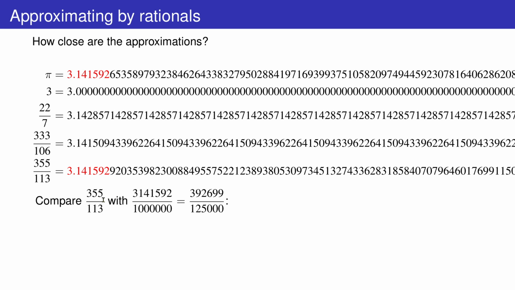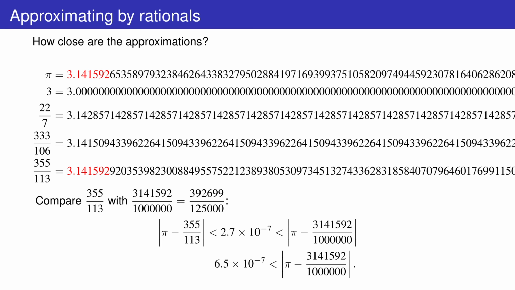given that 355 and 113 are not all that big, certainly in comparison with the decimal truncation numerator and denominator, which, okay, admittedly simplify to 392,699 over 125,000, but still, those numerators and denominators are pretty big compared with 355 and 113. In particular, that denominator is pretty big.